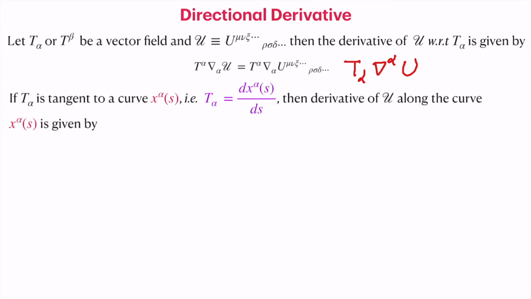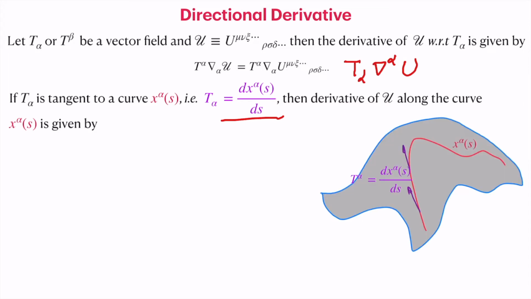However, from the physics point of view, it is important to have a geometric connection. That is, if we have T^alpha as a tangent vector to any given curve, we can write T^alpha as dx^alpha/ds. That is a tangent vector, and we can now define the directional derivative of U along a curve, which is the same as the directional derivative of any tensor field along the tangent vector.